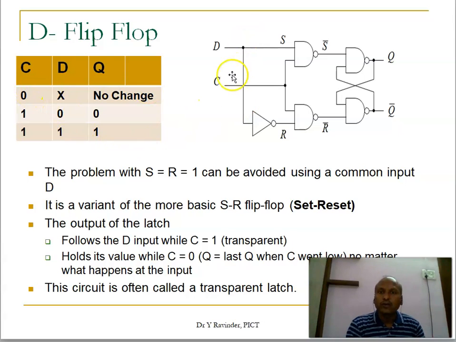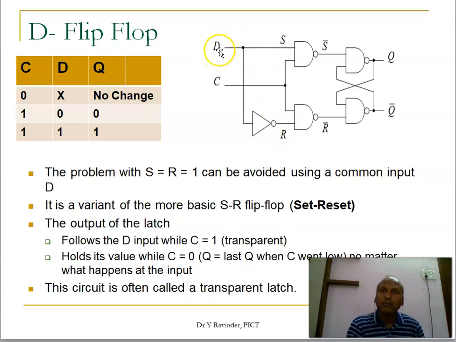So what happens here? For 0, it works. This is 1, no change. Now if I make this 1, I can make this functional, and the output will change depending upon S and R. But S and R are connected to the same input, complement to each other.